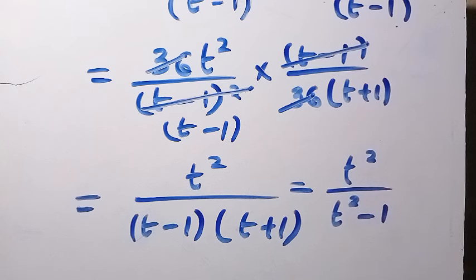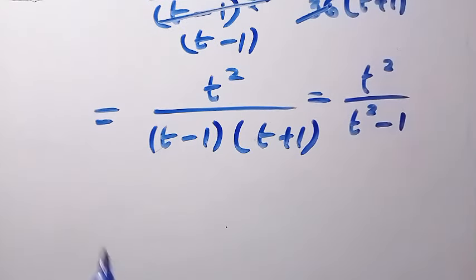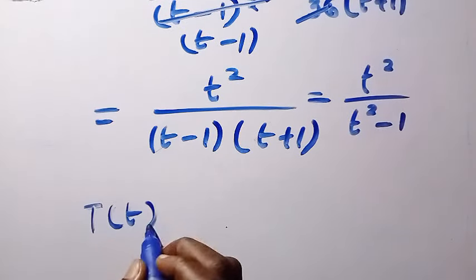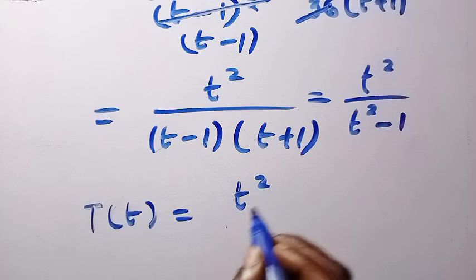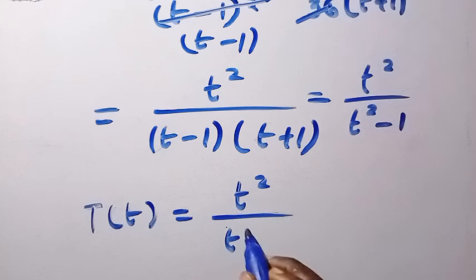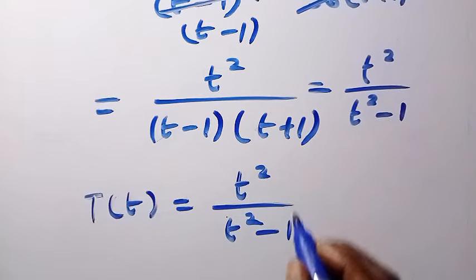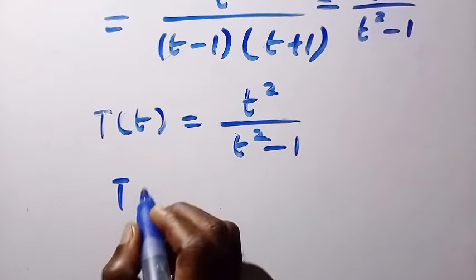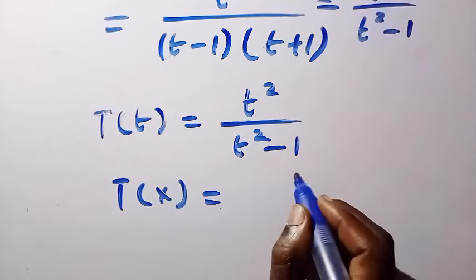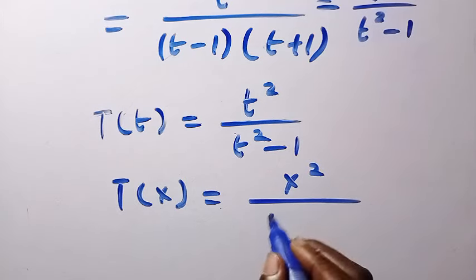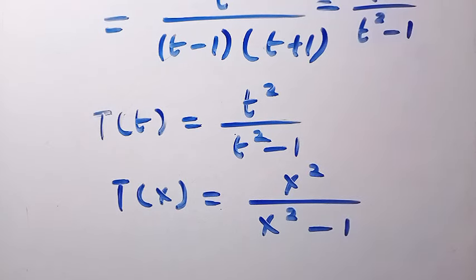So this is what we have for t of t. When we put it together, t of t equals t squared divided by t squared minus 1. Changing this to x, we have t of x equals x squared divided by x squared minus 1.